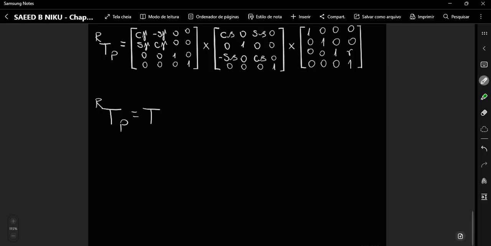It is a transformation on the spherical coordinate system, R, beta and gamma, and the total transformation has these elements, these values or components, whatever you want.